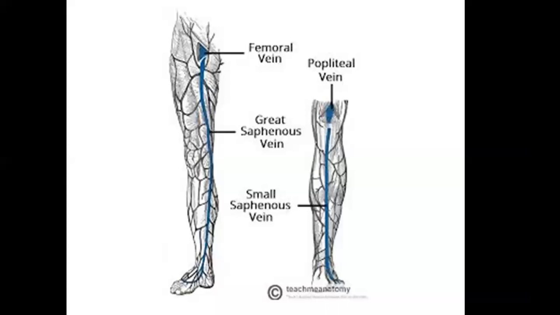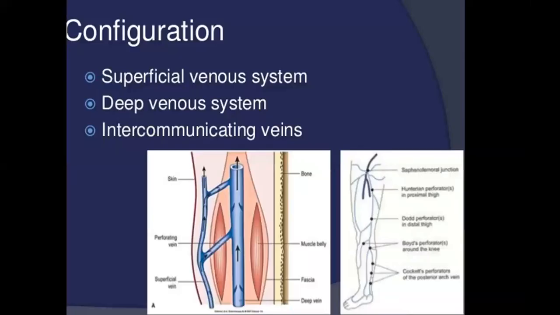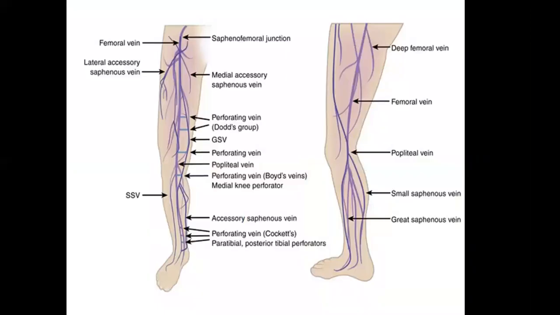Okay, now we'll discuss the configuration of the superficial venous system. The drainage of the superficial venous system starts with the formation of the dorsal venous arch.